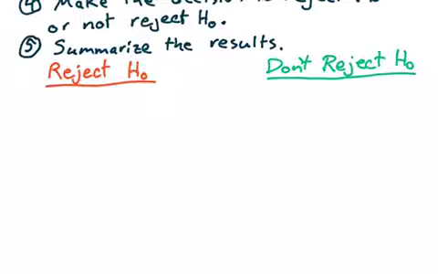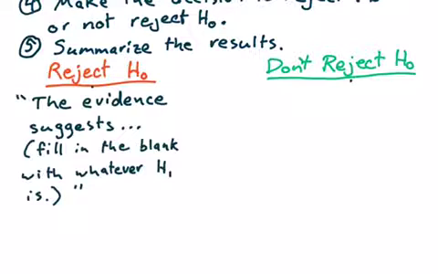So in step number 4, you made the decision to either reject the null hypothesis or not reject the null hypothesis. If you reject the null hypothesis, you'll phrase your result, your response as follows. When we reject H subscript 0, we'll say, the evidence suggests, and then from there we'll fill in the blank with whatever we've stated in the alternative hypothesis.